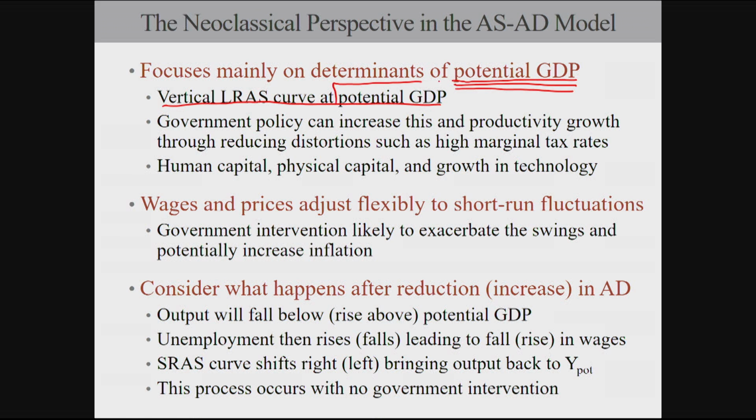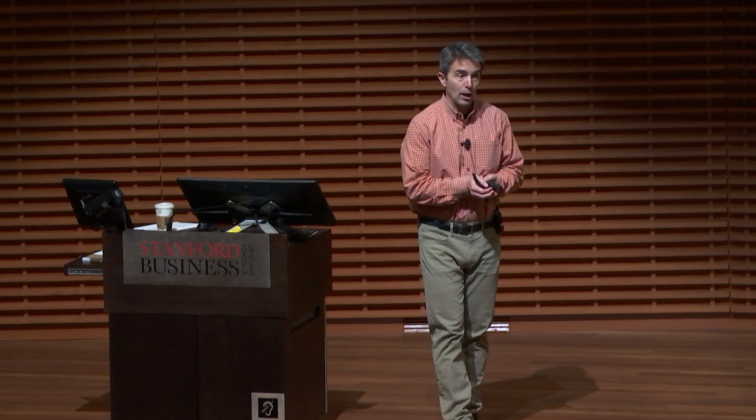What can government policy do to increase potential GDP? Economists in the neoclassical camp tend to favor reducing distortions, such as high marginal tax rates or minimum wage. These are distortions that can reduce output below its efficient level.